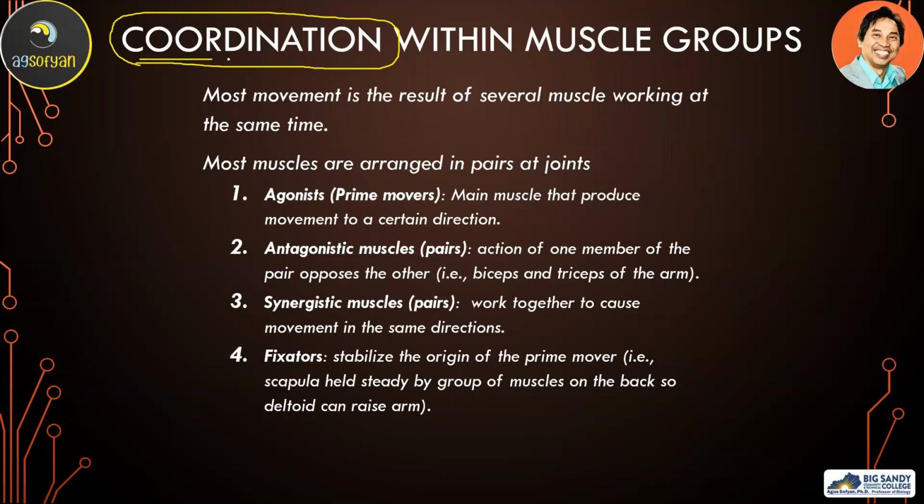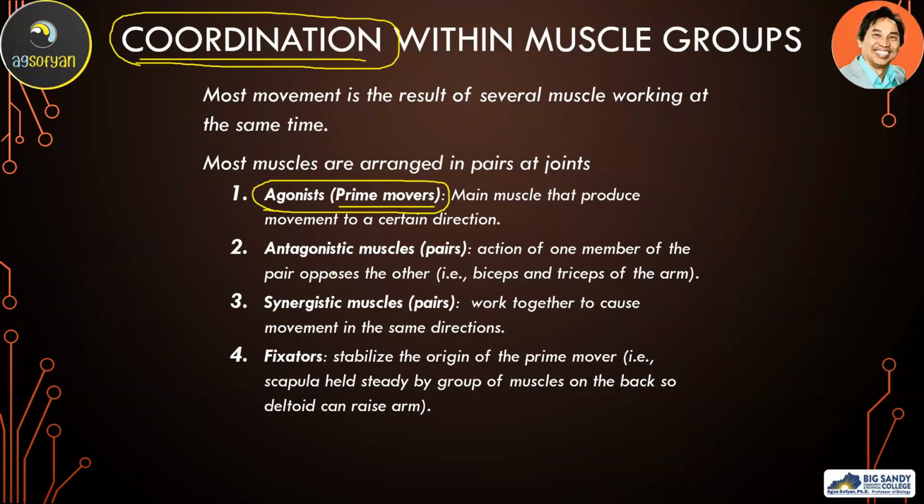So this is the coordination within our muscle groups. There are several types of coordination. The first one is called the agonist or prime mover, and this is usually the main muscle that produces movement in a certain direction. When this agonist or prime mover contracts, it will move our body in a certain direction.